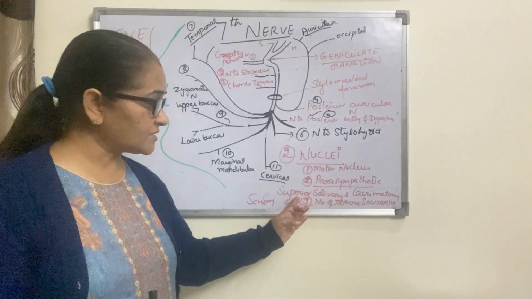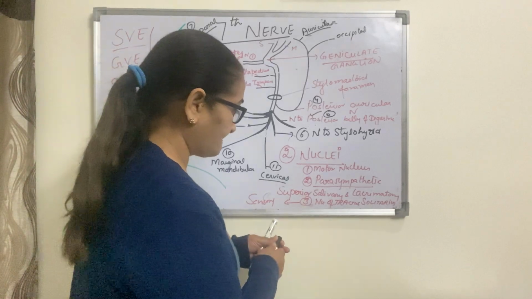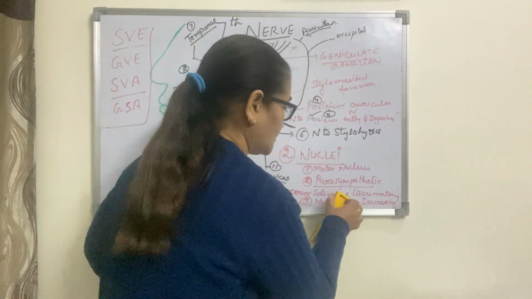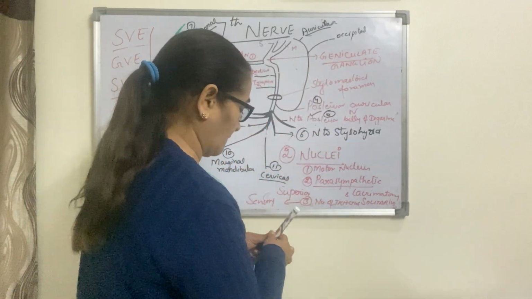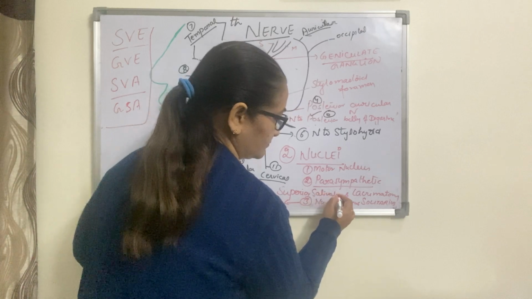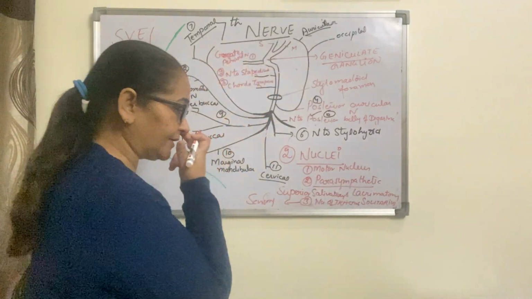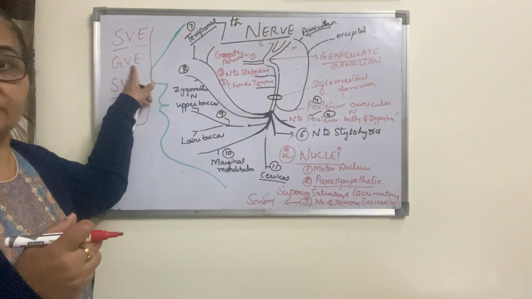What are those nuclei? That is the superior salivatory nucleus and lacrimatory nucleus. So superior salivatory is concerned with this general visceral efferent.